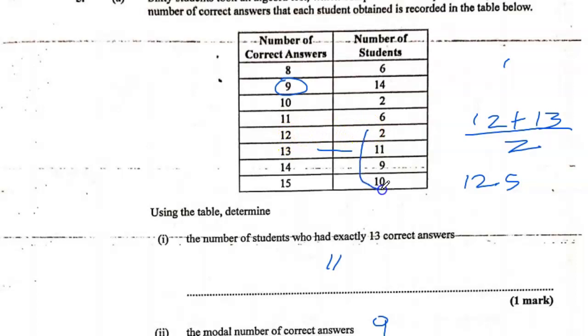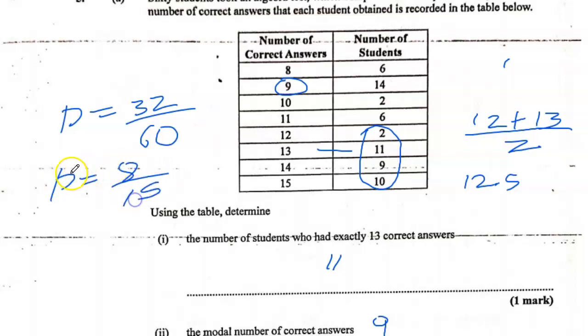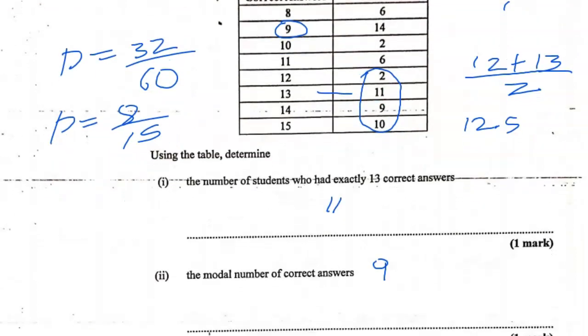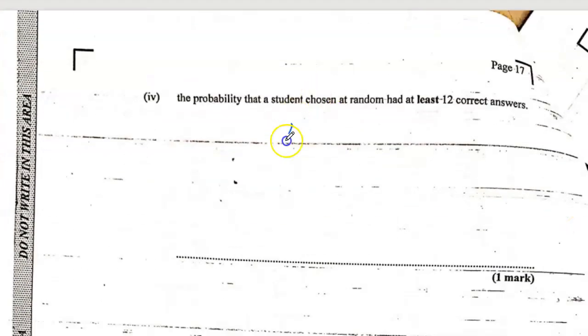It will be 2 plus 11, that's 13, and 9, that's 22, and 10, that's 32. So the probability would be 32 over the total, which is 60. Of course, this can be reduced to 8 upon 15. So the solution here would be 8 upon 15.